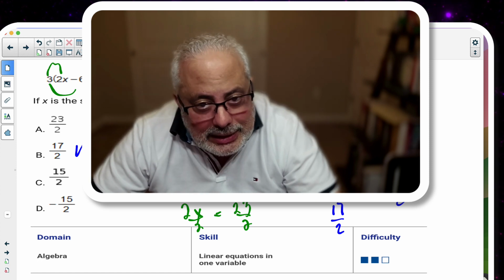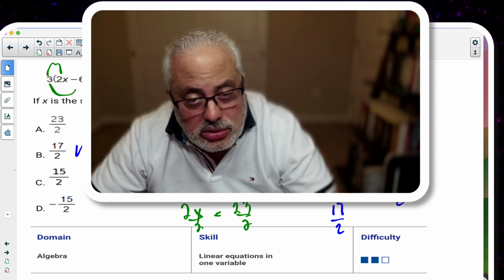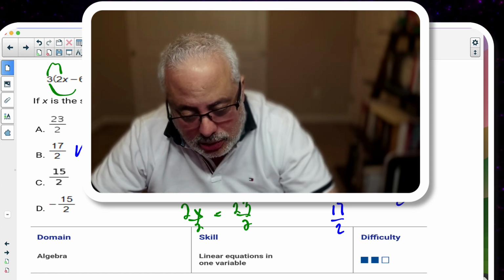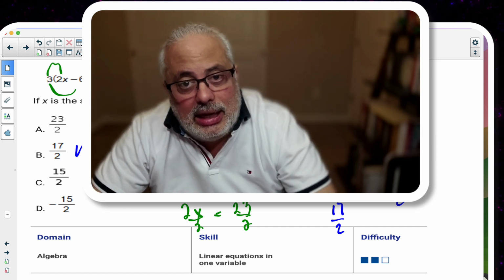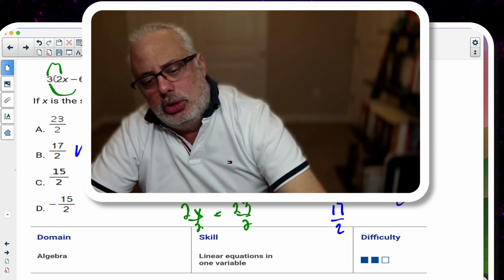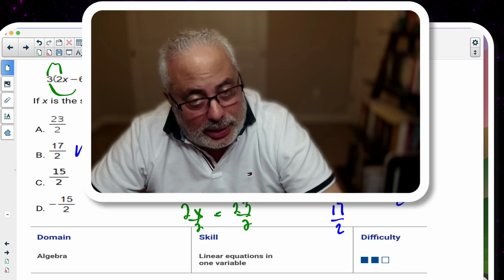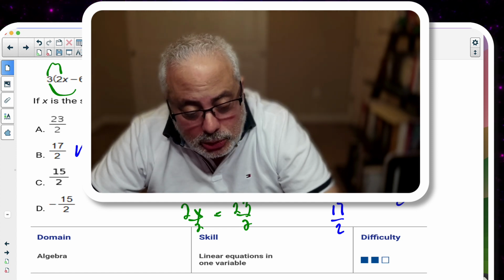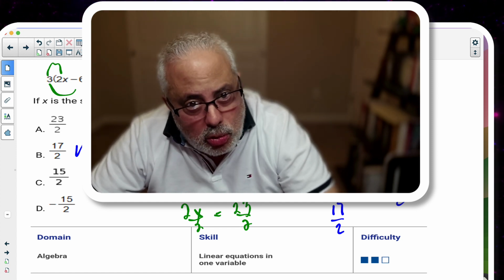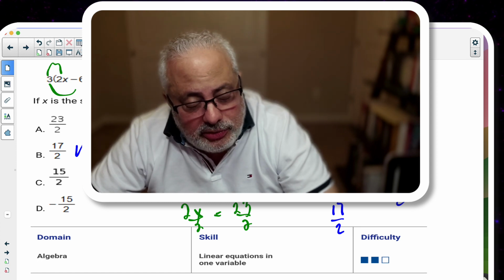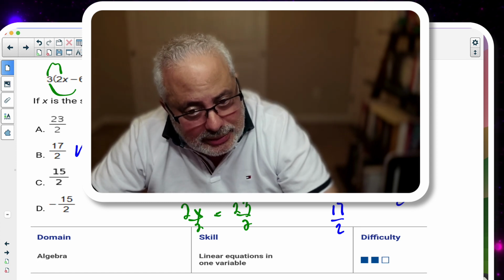So there are some obstacles in the middle of the process that can take you to the incorrect answer. Algebra domain, linear equations in one variable, level of difficulty 2 out of 3.